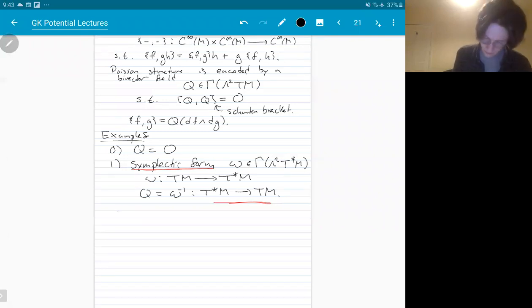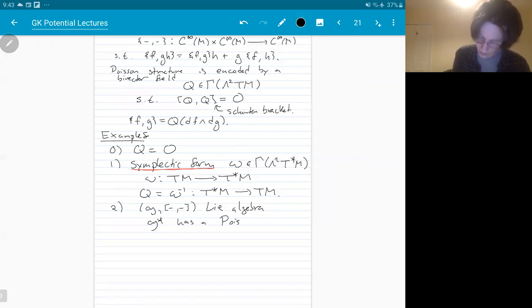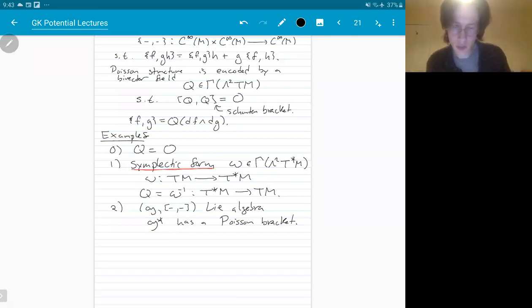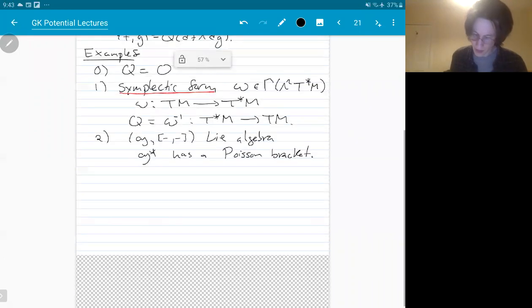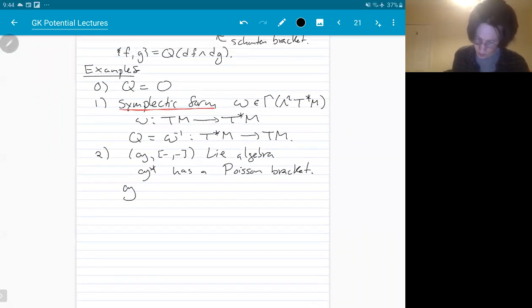A second example, which is nice to keep in mind, is whenever you have a Lie algebra, you get an induced Poisson bracket on the dual. So g star has a Poisson bracket. This was known even to Lie. The idea is that you think of g inside the smooth functions on g dual as the linear functions.